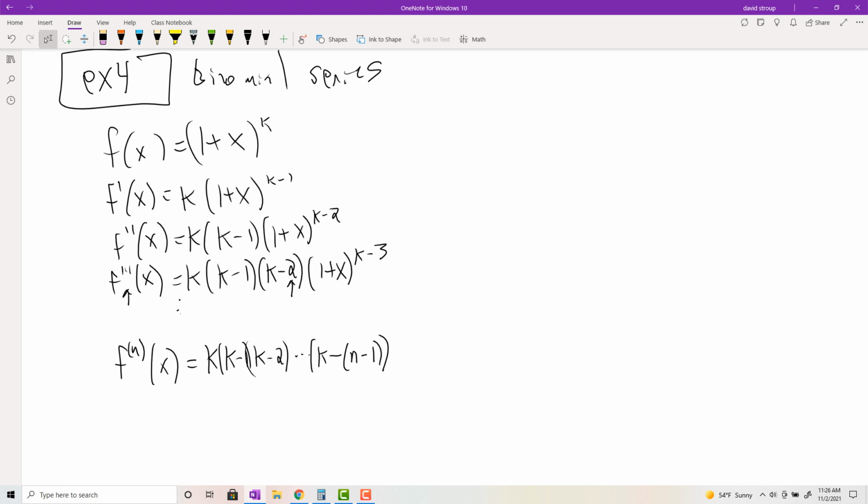And then times (1 + x) to the k minus the number from the derivative, so n in this case. Okay, and then we evaluate all these at 0. Again, look for a pattern.